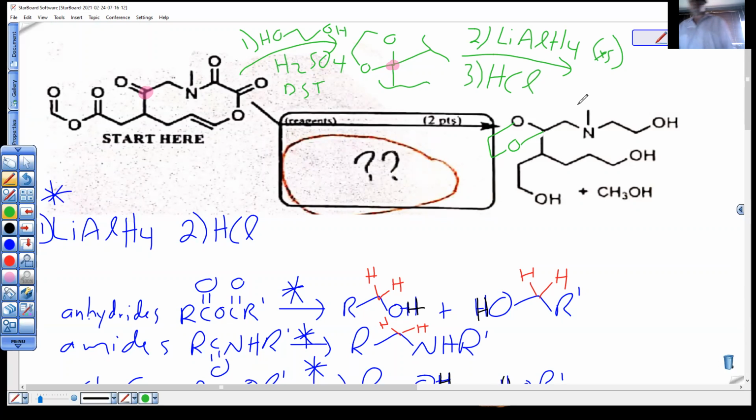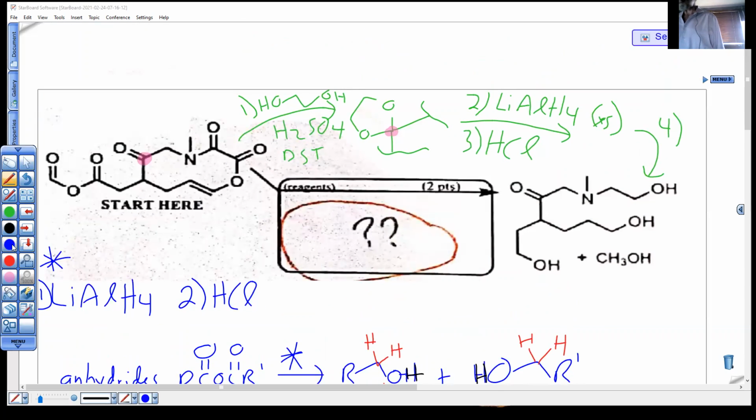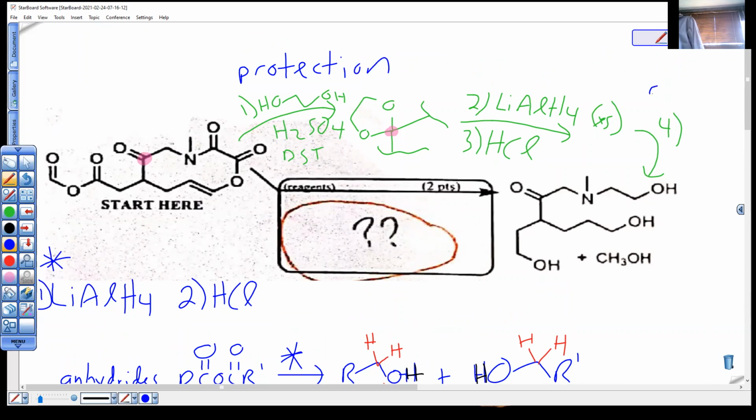How do you get rid of the protecting group? Well, Control Z is one way, but that doesn't do it in the lab. Then step 4 is deprotection. So step 1 was protection, and step 4 is deprotection.